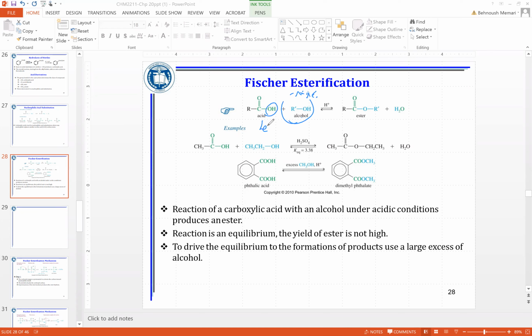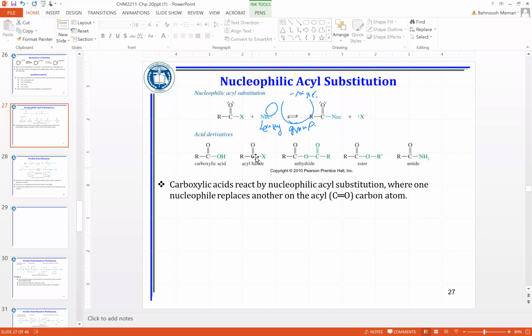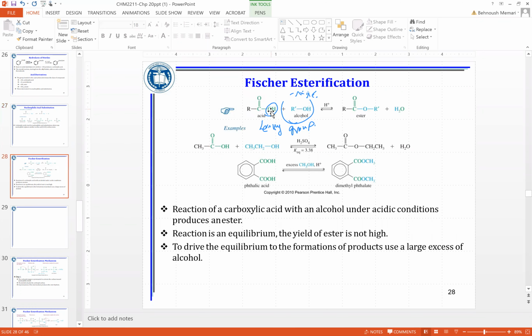OH is a leaving group. And if you look at the previous slide, anything that has the green color, those are leaving groups. It adds a specific class to the carboxylic acid derivative, but at the same time, they count as the leaving group in substitution type reactions. So in this reaction, OH is the leaving group and the alcohol is a nucleophile.